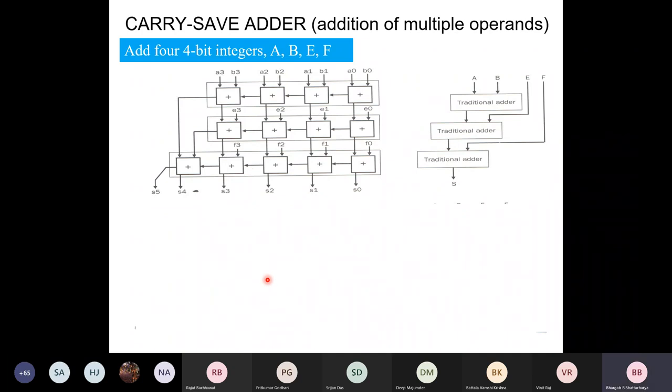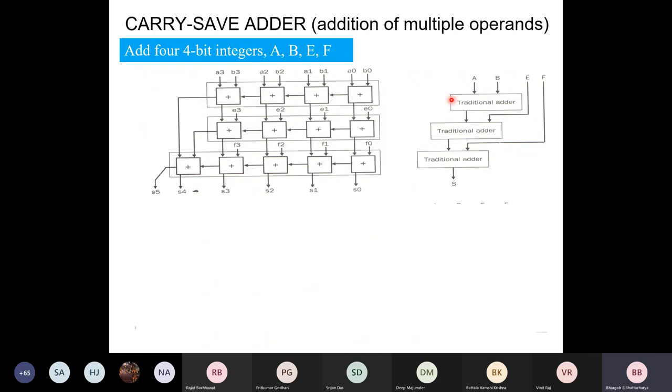So what is the delay? Every traditional adder is being replaced by a ripple carry adder and the connections are set this way so that it can receive newer inputs at every stage. It is a straightforward implementation of this block diagram. So what is the worst case delay?